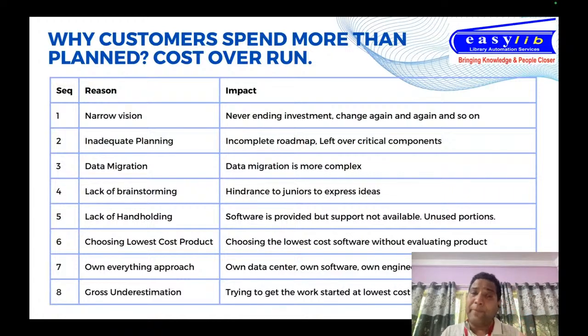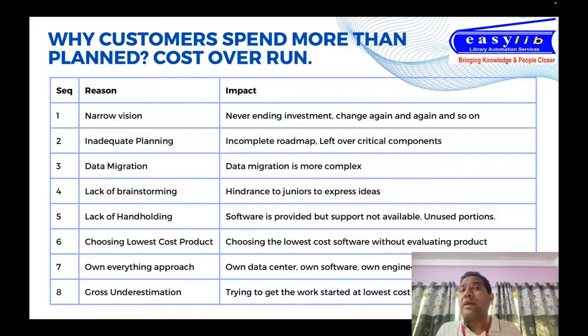Now they are happily using our product for more than 20 years, and gradually they even upgraded from Easylib 1.2 to 2.2 to 4.3, 4.4, 5.0, 6.2, now 6.4. Smooth migration is happening. So lowest cost was not the factor here.